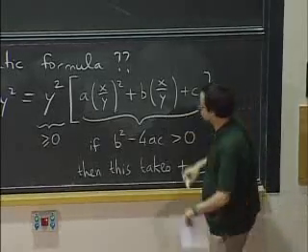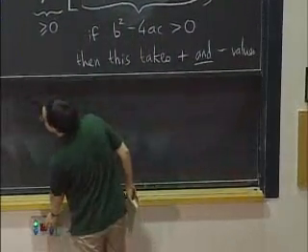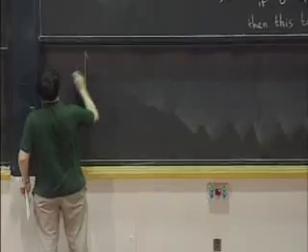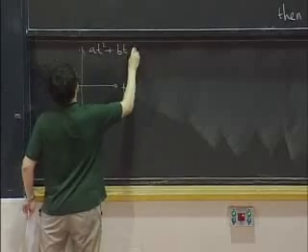This quantity takes positive and negative values. One way to convince yourself is just to plot a t squared plus b t plus c.